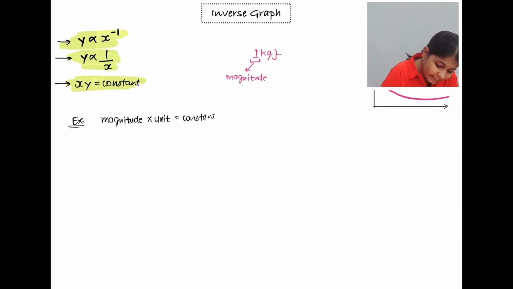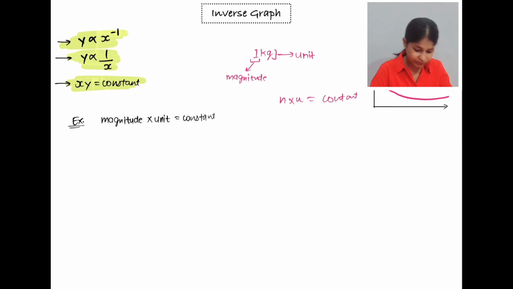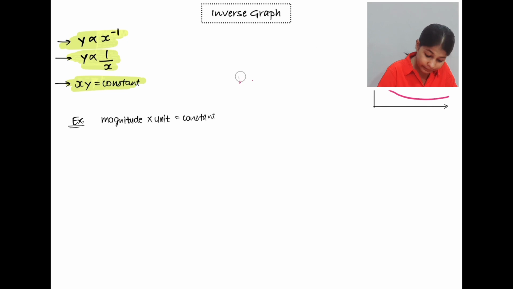And what is this kg? Kg is simply the unit. So can I say that magnitude into unit is equal to constant? Yes, of course. So if you are writing it in this way, it will be simply wrong.